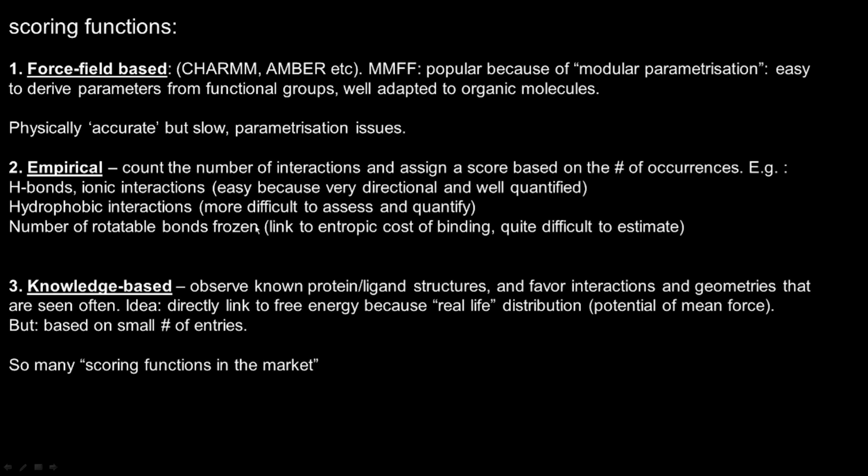Knowledge based: observe known protein ligand structures and favor interactions and geometries that are seen often. If you see your ligand also binds in that form, give a score. This is directly linked to free energy because of real life distribution, but based on a small number of entries.